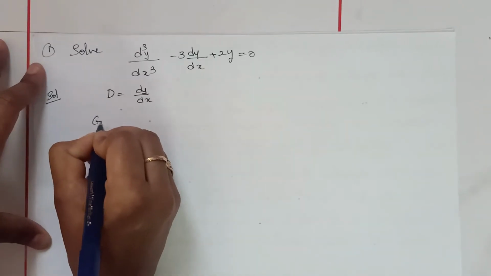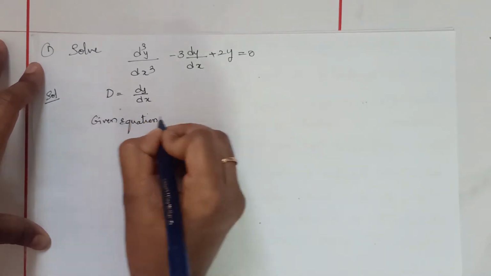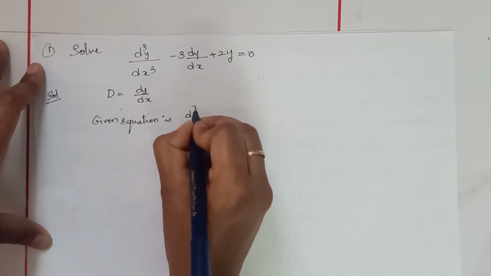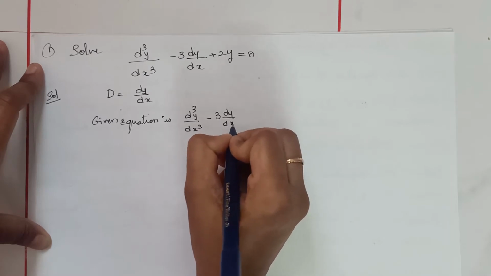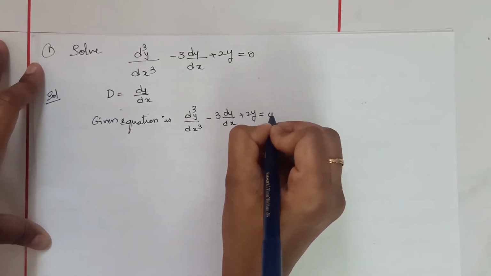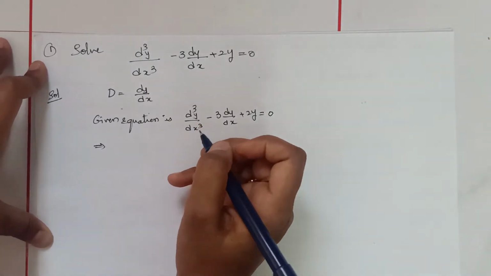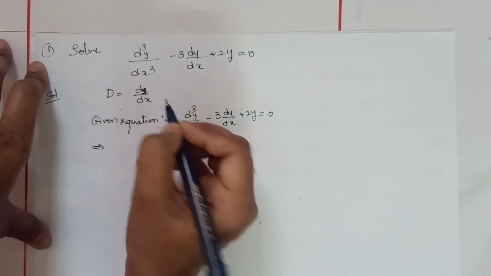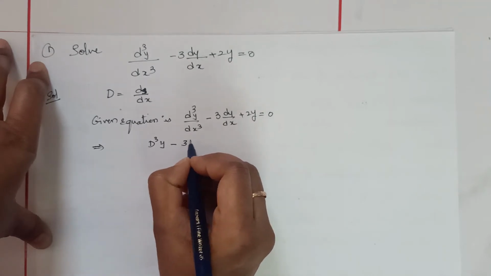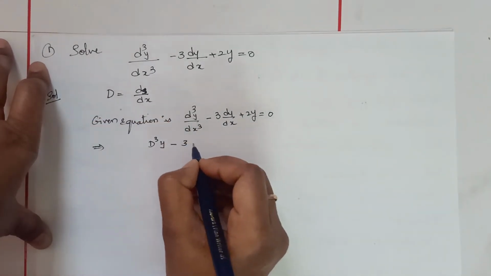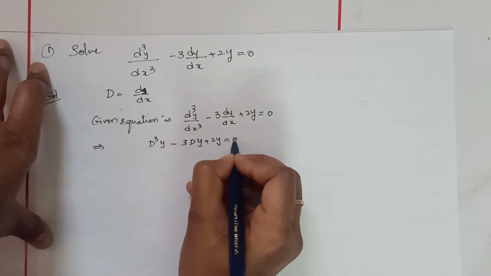Now the given differential equation is d^3 y/dx^3 - 3 dy/dx + 2y = 0. This implies, we know that d/dx is a differential operator, so this can be written as D^3 y - 3D y + 2y = 0, substituting capital D in place of d/dx.